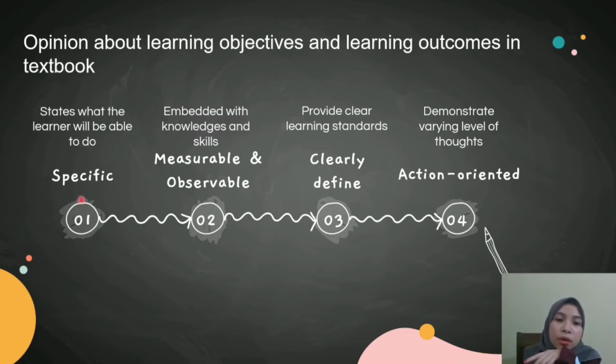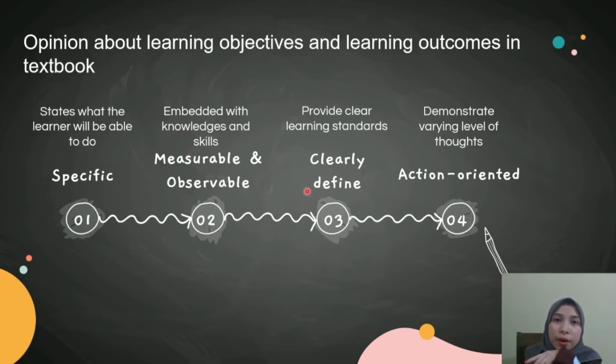It is specific, measurable and observable, clearly defined and action-oriented. So it is specific because it clearly and precisely states what the learner will be able to do. And it is measurable and observable because it defines clear, meaningful action verbs on learner parts and embed with knowledge and skill.